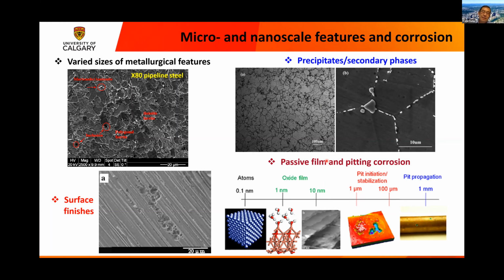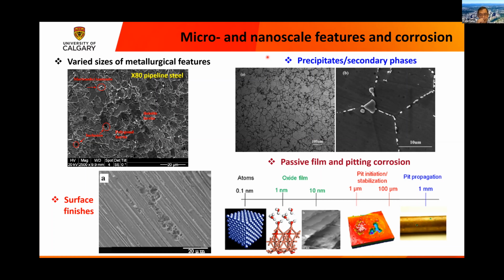So from this slide, you can see that when we research corrosion science, we always meet the very small dimension problem, and that's the driving force for the introduction and innovation of micron or nano-electrochemical measurement techniques.